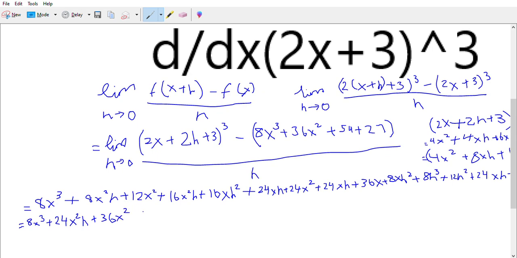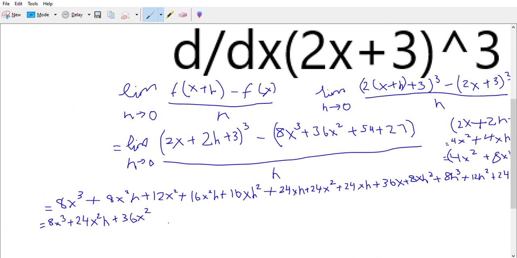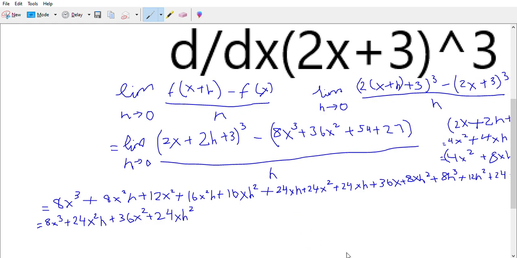And now, the x squared h has already been combined, so that's not a worry. So xh squared, that's 16xh squared. Then there's 8 more to add, so that'll be 24xh squared. Only the h is squared, not x. Then I see the 24xh. So there's 24, there's another 24, so that's 48.